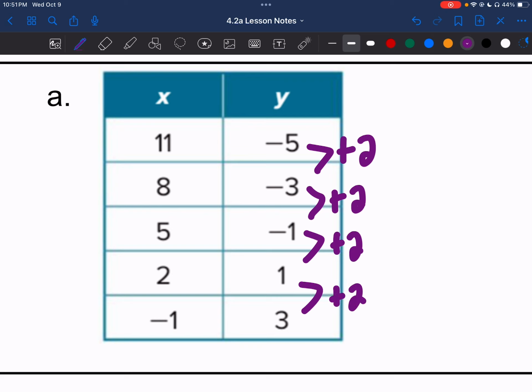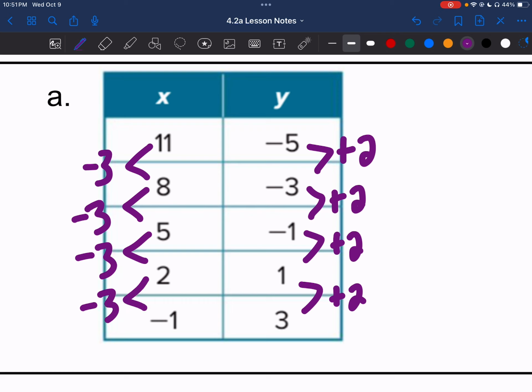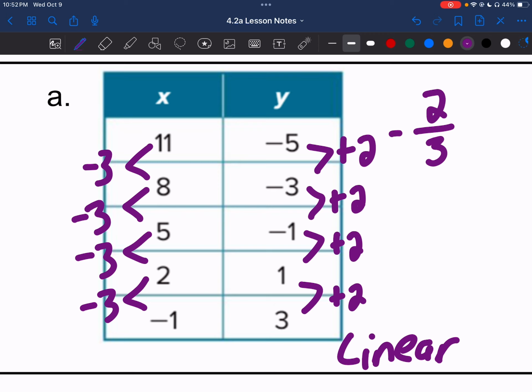On the left side, we are subtracting 3, subtracting 3, subtracting 3, and subtracting 3. So our value is 2 over 3, and we just put the negative sign out front. All right, so we have a -2/3. That is linear. It is the same rate of change for each of the steps that we're taking.